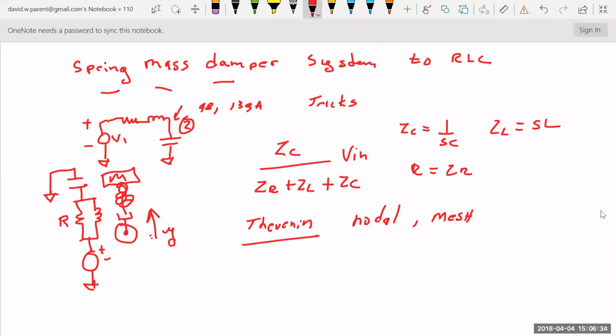So, this very physical system, we can use our circuit techniques, which we're really good at by now, to analyze what's going on. And even in heat transfer, they use RC equivalents. In heat transfer, there's no inductor equivalent.